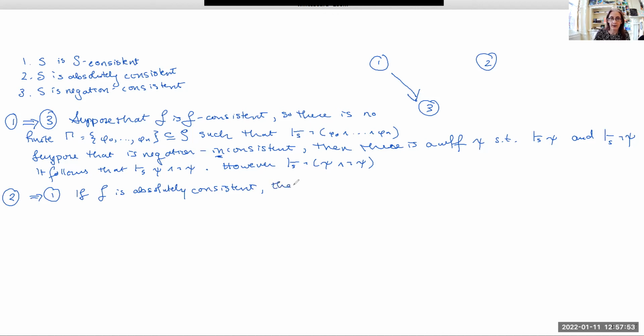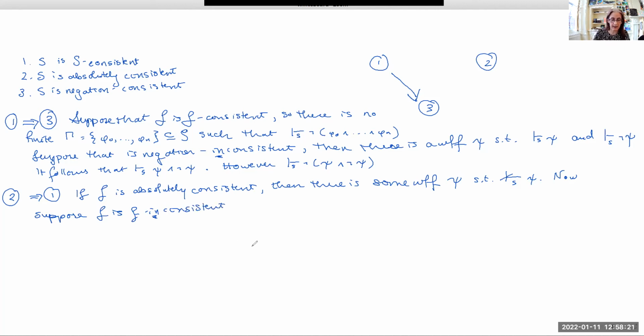So there is some well-formed formula psi such that in S, you cannot prove psi. Now we're going to suppose that, in fact, this system is S inconsistent, and we'll use this to derive a contradiction.